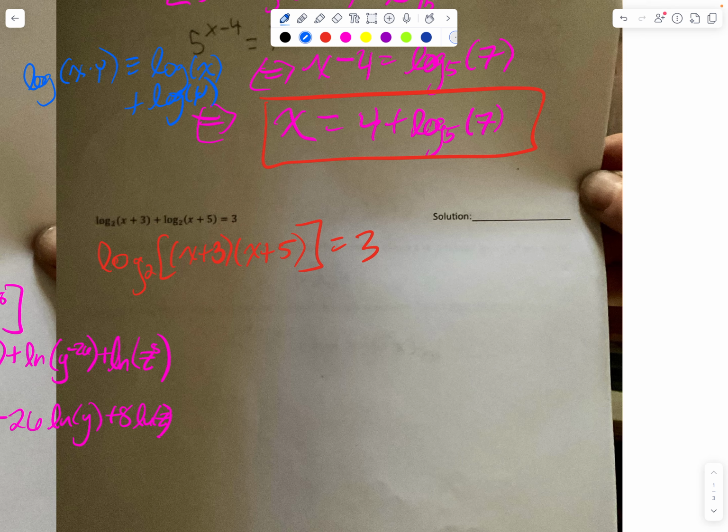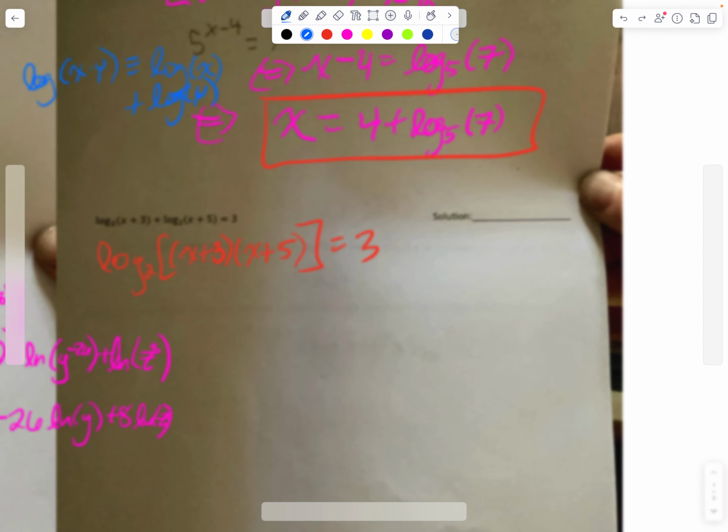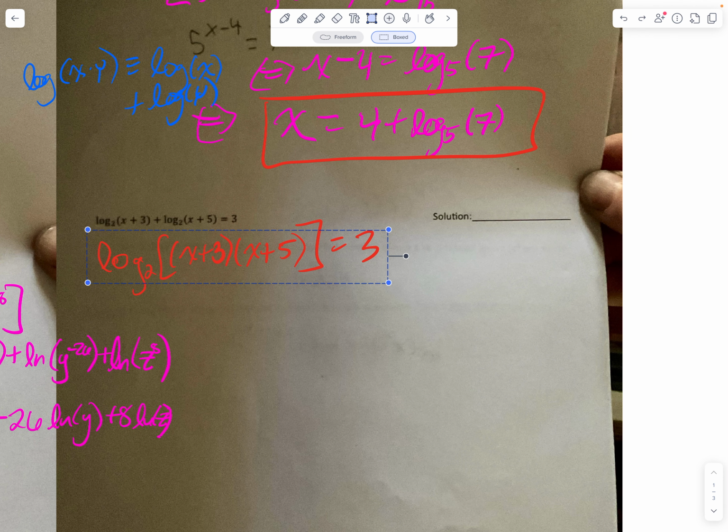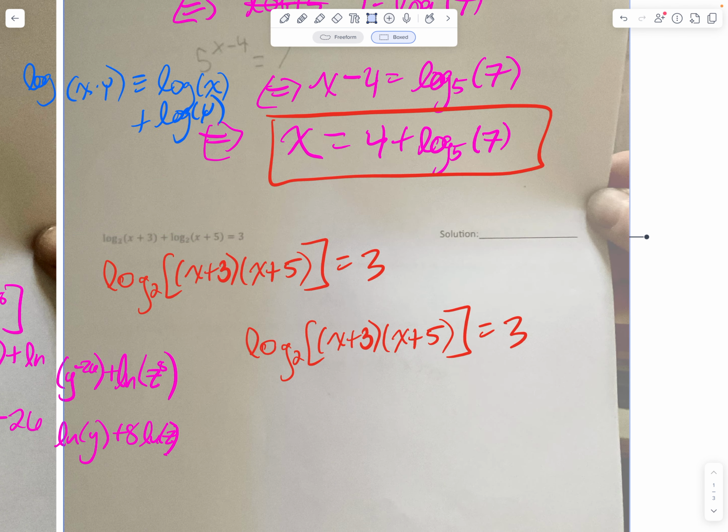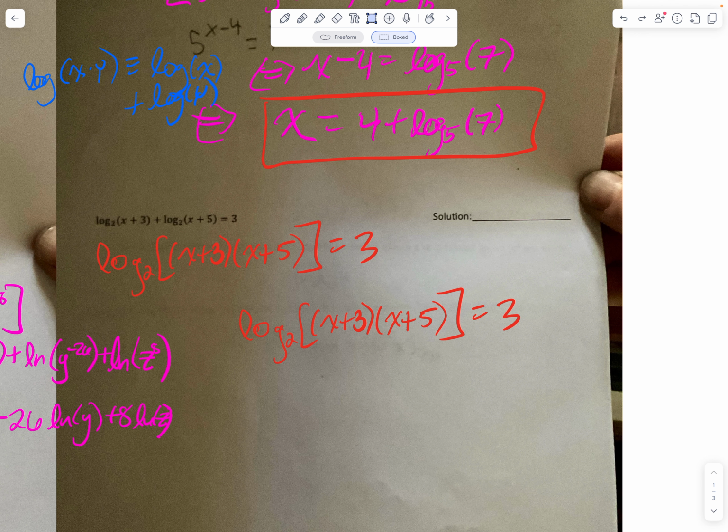So now to get rid of the log base 2, we're going to do 2 to the power of on both sides.